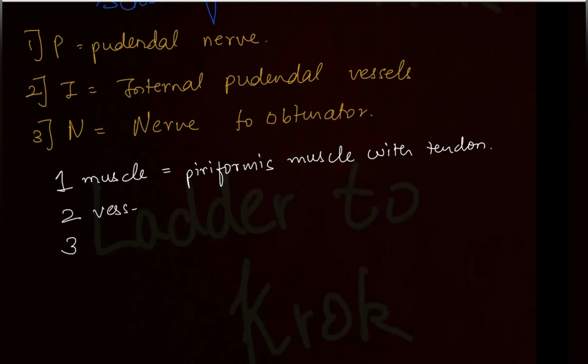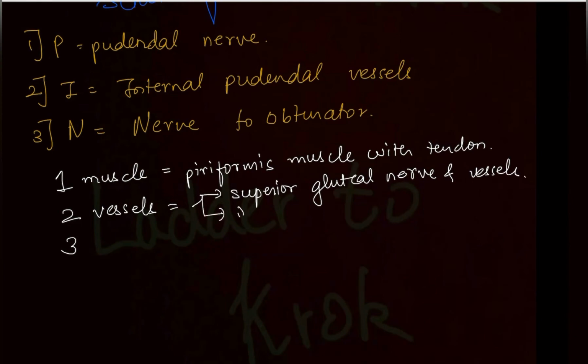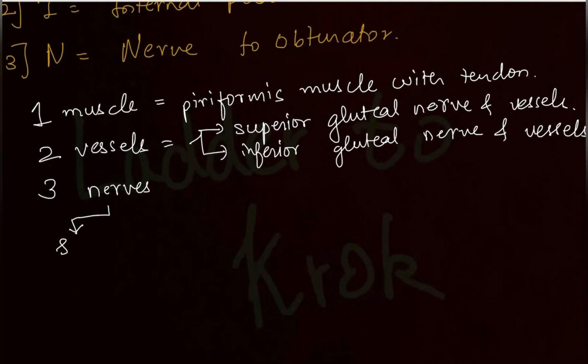2 vessels will pass, and that is, write down superior gluteal nerve and vessels and inferior gluteal nerve and vessels. And 3 nerves will pass, and these 3 nerves are, write down, sciatic nerve, very important nerve.